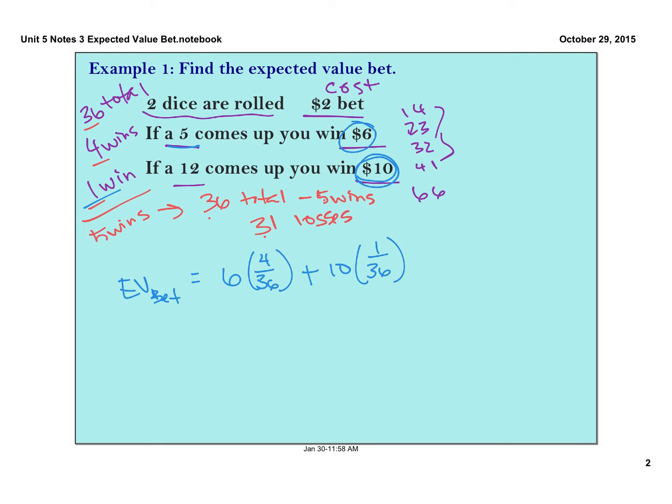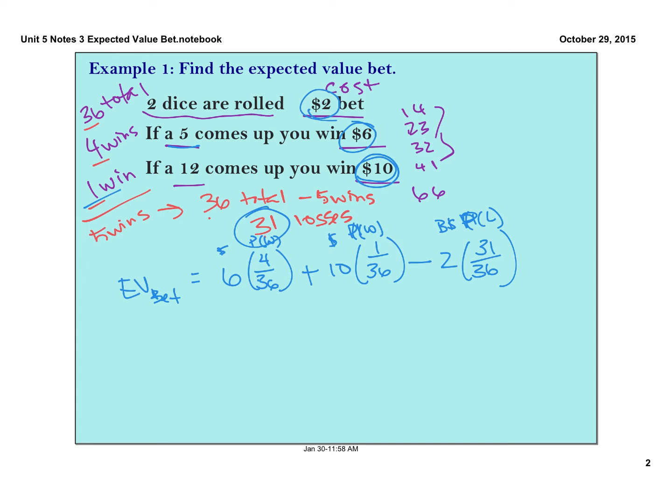Those are my only 2 payouts. Then I'm going to subtract the bet amount, $2, times the probability of losing, which is 31 out of 36. So I've got payoff times the probability of winning, plus payout times the probability of winning, minus the bet amount times the probability of losing. There you go.